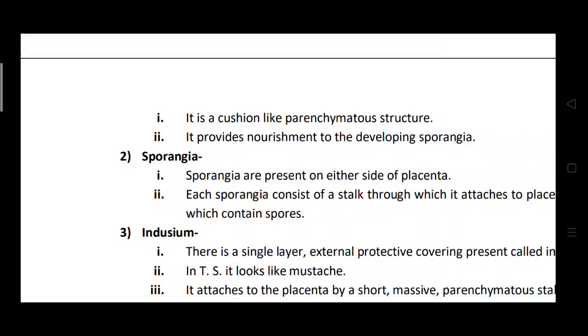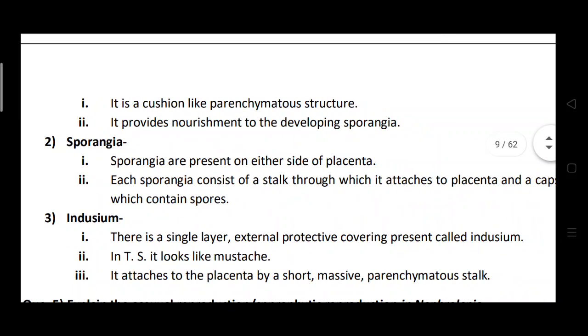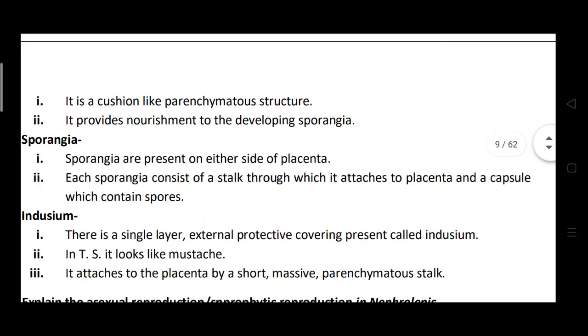Sporangia are present on either side of the placenta and each sporangium consists of a stalk. These stalks attach the placenta and the capsule which contains the spores. In the capsules, these spores will be developed.